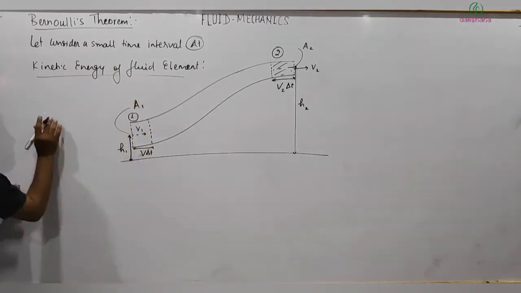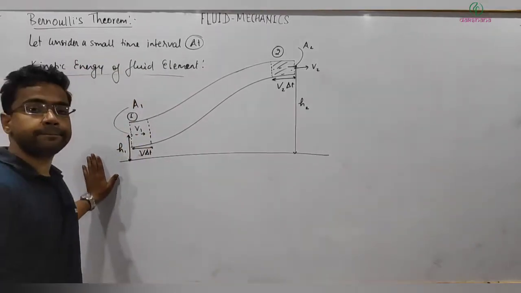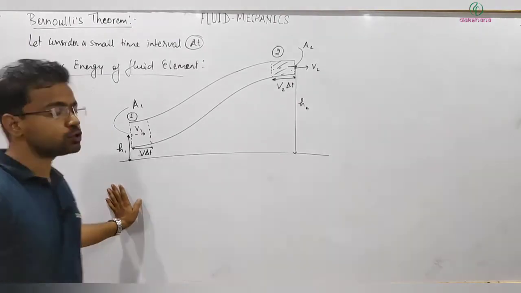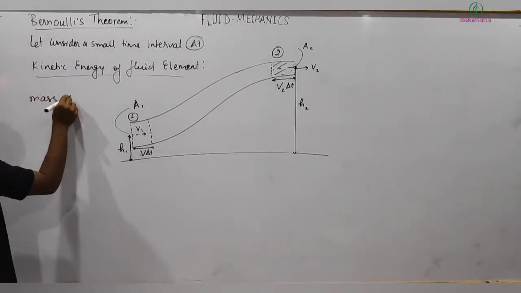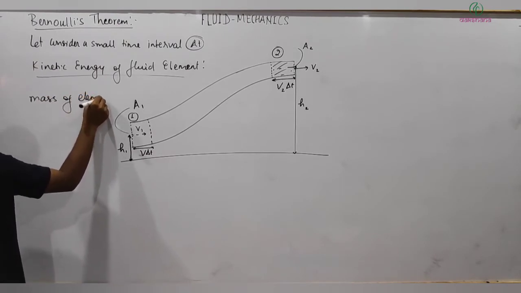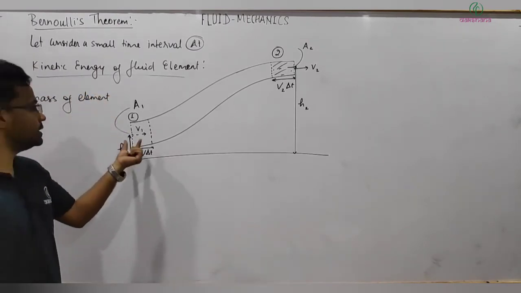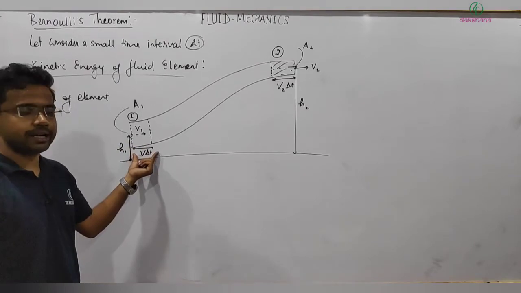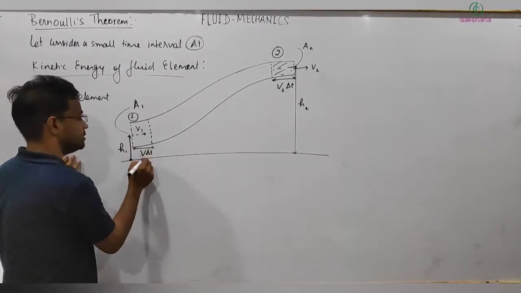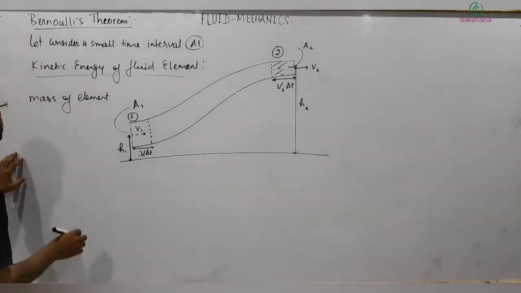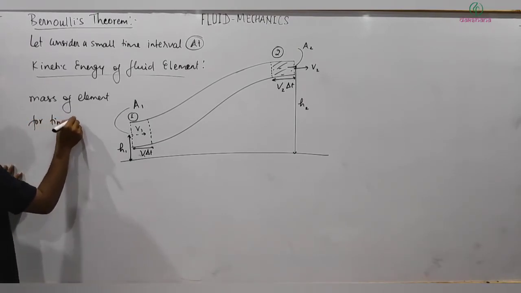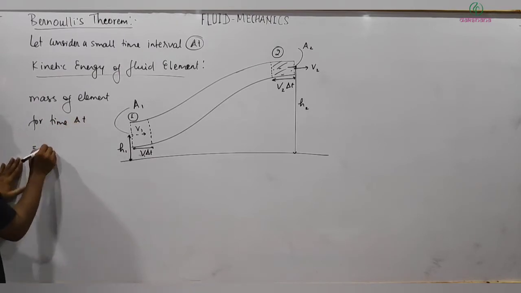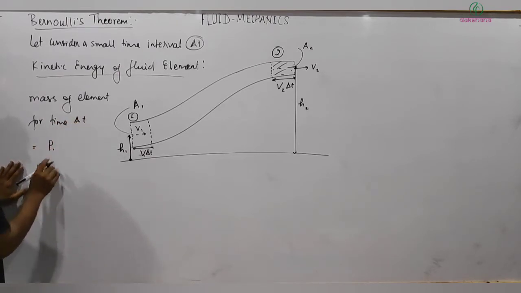First thing is we need to write the mass. The mass of the element, considering this much element, has length V1 into delta T, so I will write V1 into delta T. So the mass of the element for time delta T can be written using the mass density.